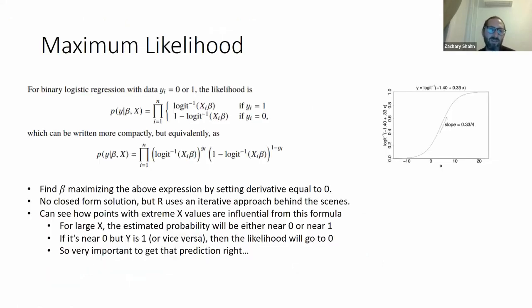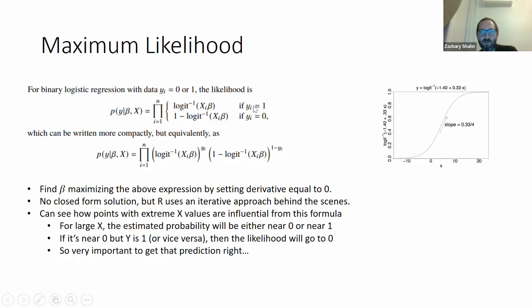How do you actually define that? The likelihood, the probability of observing the outcomes, y, that you actually observe, given some candidate values for the parameters, like the coefficients of the x's, and also given the x's, is the product over all of the observations, like all the people from i equals 1 to n.